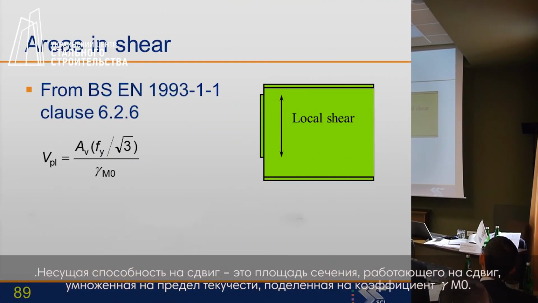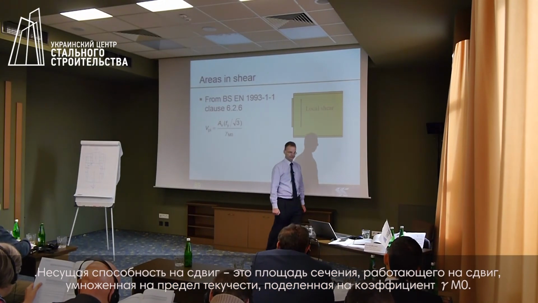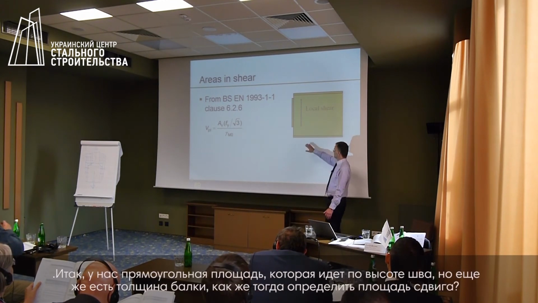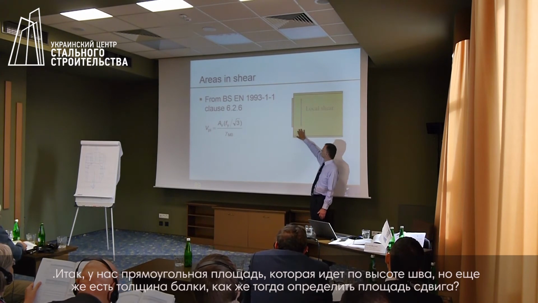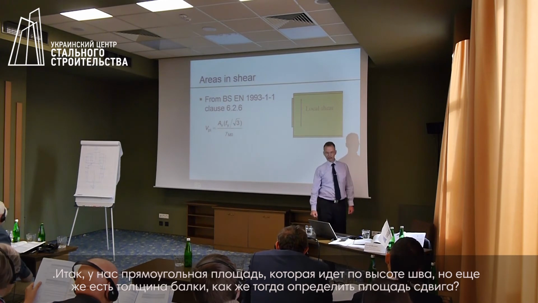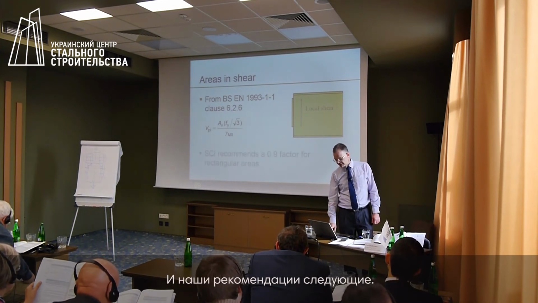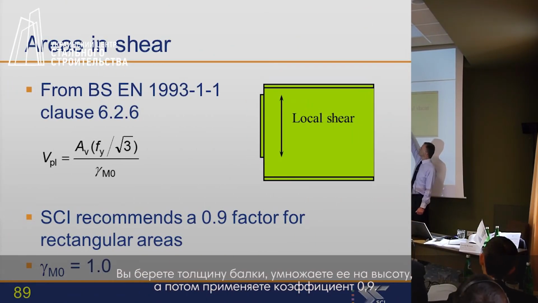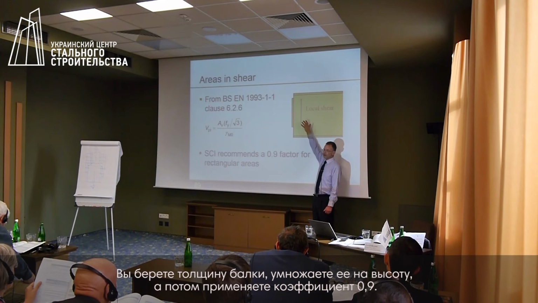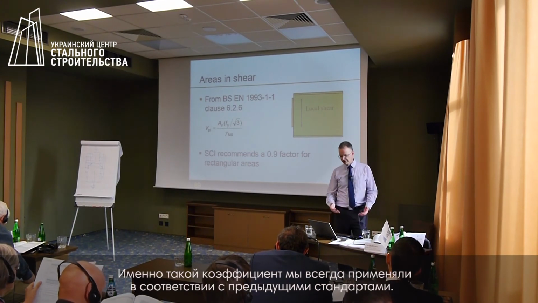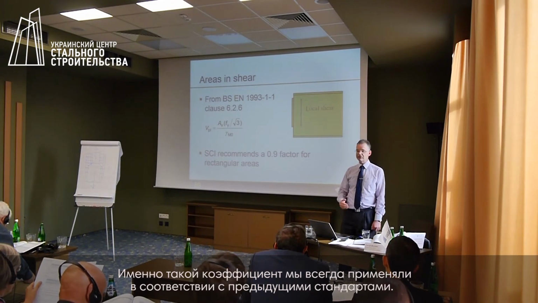Shear resistance is the shear area, yield, divided by gamma M0. The question is for a rectangular area. So there is a rectangular area which has the height shown, but the thickness of the web, what is the shear area? And our recommendation is you take the web thickness multiplied by the height shown, but then use a factor of 0.9. That would be the factor that we would have used in previous standards.